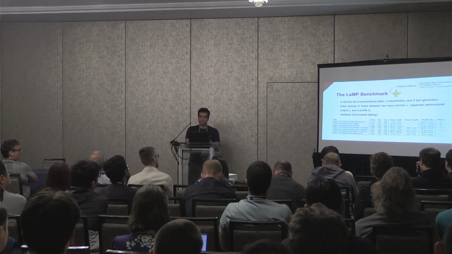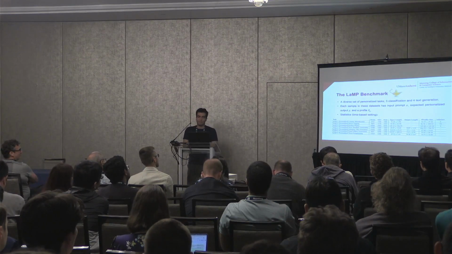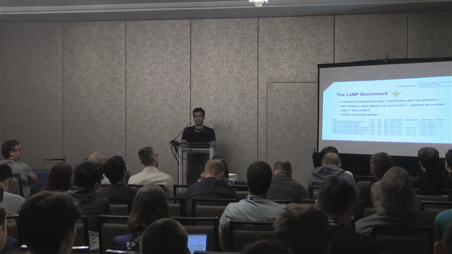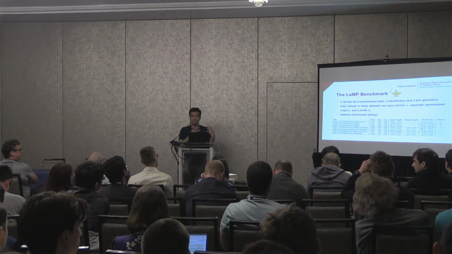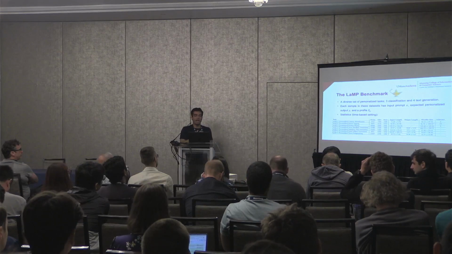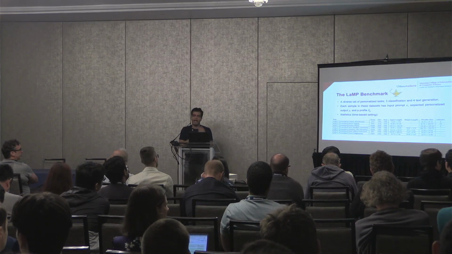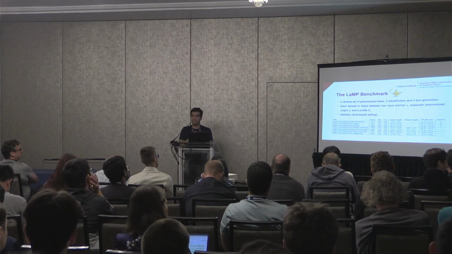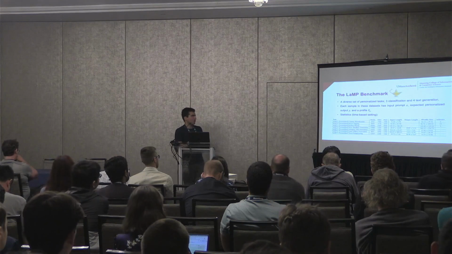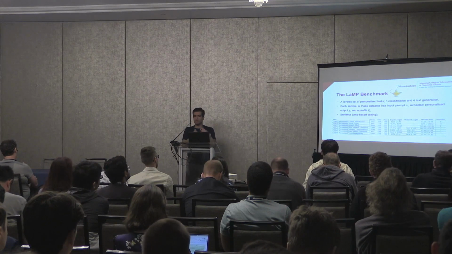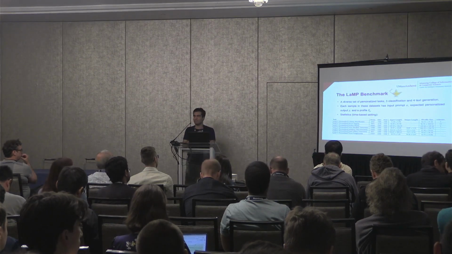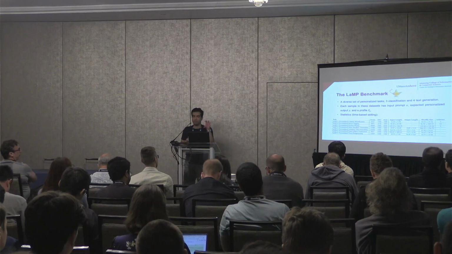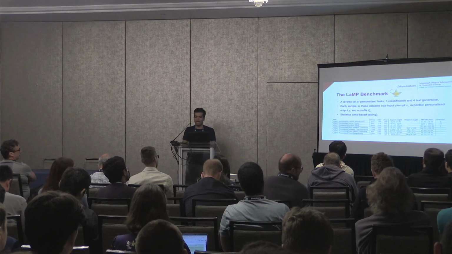So let's talk about the data that we are using. The LaMP benchmark is a benchmark of a diverse set of personalized tasks. There we have 3 classification tasks and 4 text generation tasks. The good thing about this benchmark is that each example can be considered as a separate user with its own profile, input prompt, and one expected output for that specific user.